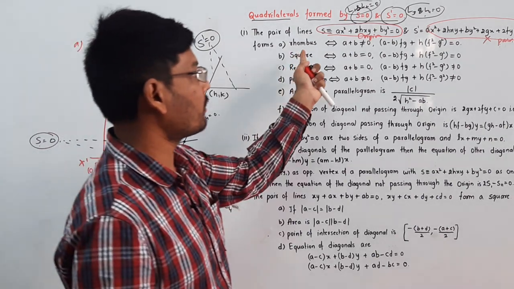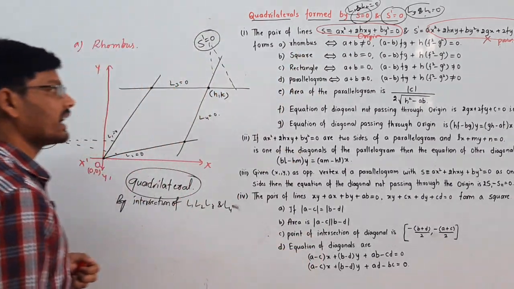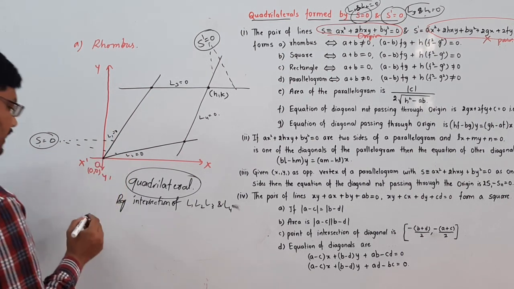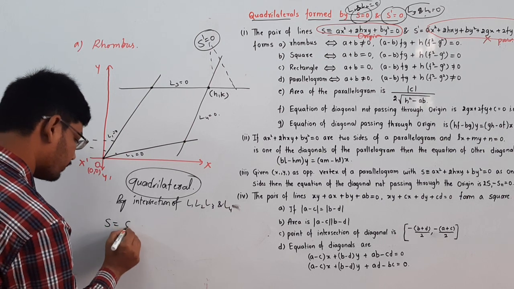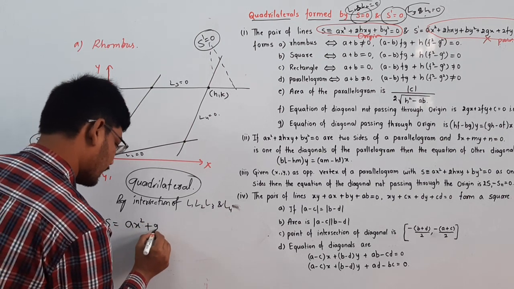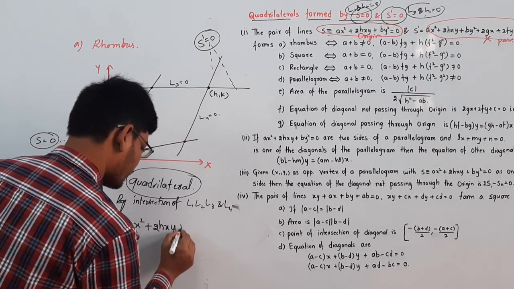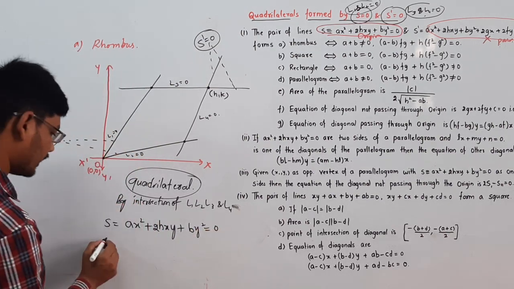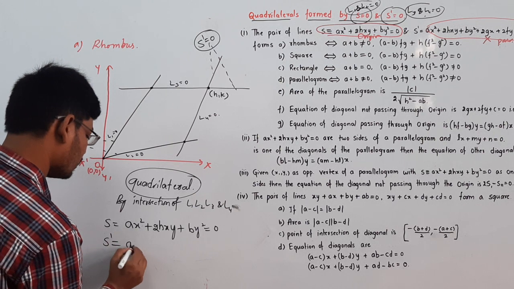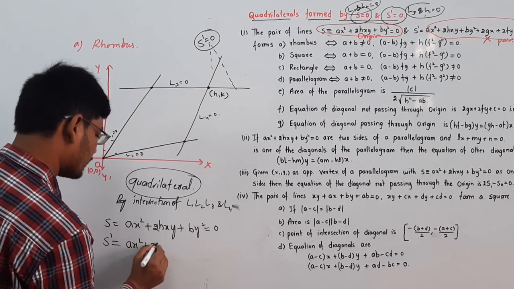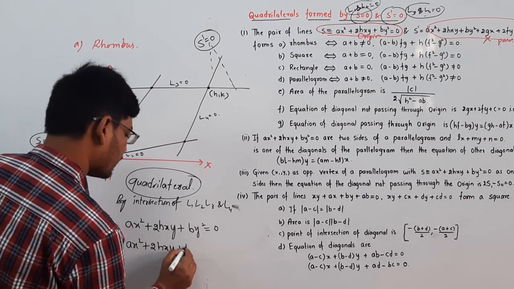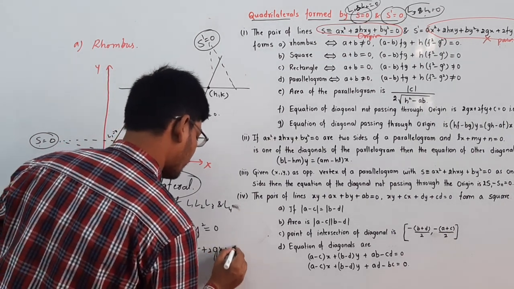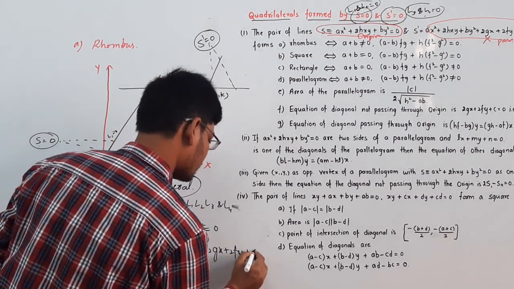In that, for the rhombus, the first condition is a plus b not equal to 0. Here I am taking S is equal to ax square plus 2hxy plus by square is equal to 0, and S dash is equal to ax square plus 2hxy plus by square plus 2gx plus 2fy plus c is equal to 0.